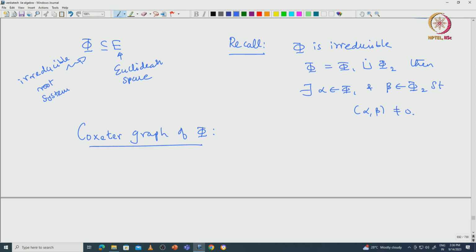That is also something we need to fix. Let us say pi is a fixed base inside phi. So this is a base of phi, and we list all the elements of pi as alpha 1 up to alpha n. This is the order that we choose.